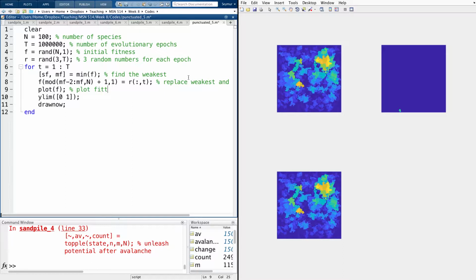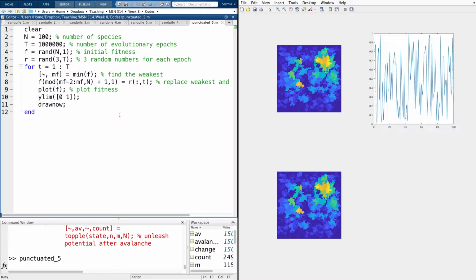Plot fitness. There is an SF here. We are not using it, so let's just make it a dummy. Are you happy? Thank you. So we are going to plot them, and let's actually start.